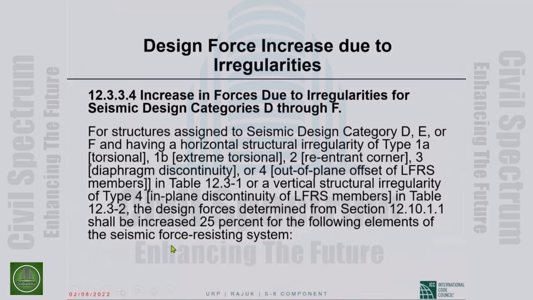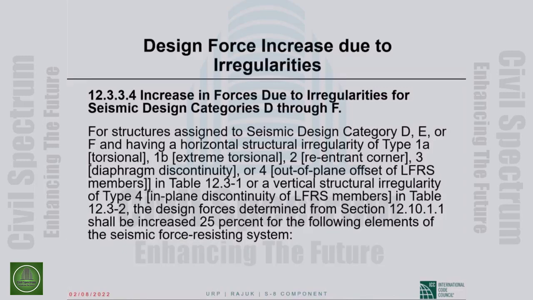For structures assigned to seismic design category D or F and having a horizontal structural irregularity 1A, 1B, 2, re-entrant corner, 3, diaphragm discontinuity, 4, out of plane offset, or vertical type force. So many times this section will be invoked.